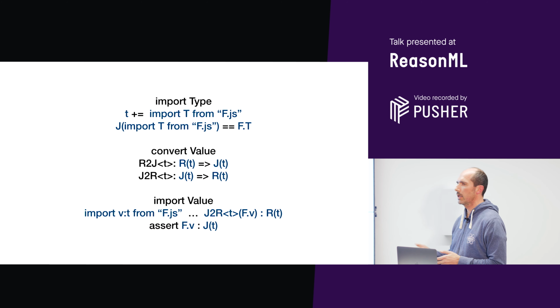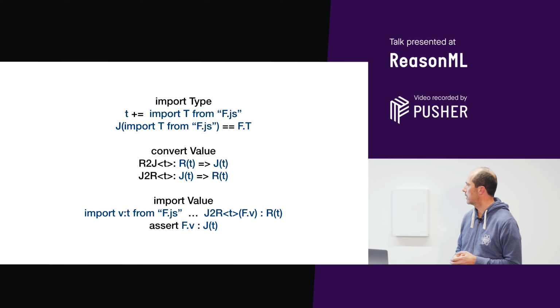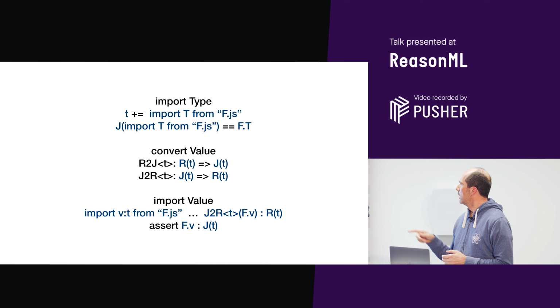The type is whatever the idiomatic JavaScript representation is. So importing a value from JavaScript means convert it plus do a type assertion. And the type assertion is performed either by Flow or by TypeScript. So if there is a problem, you're going to get a type error from Flow or TypeScript. So that's the way things are set up.